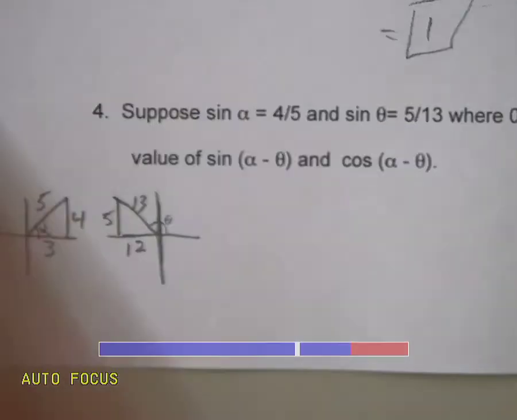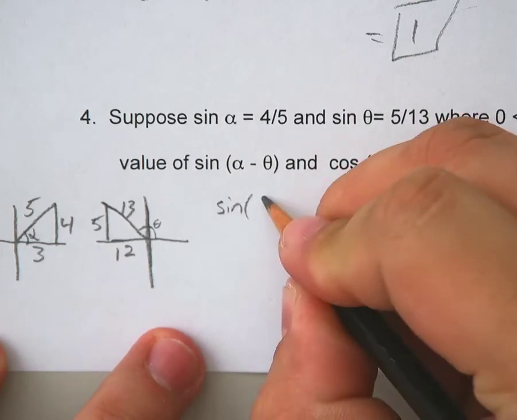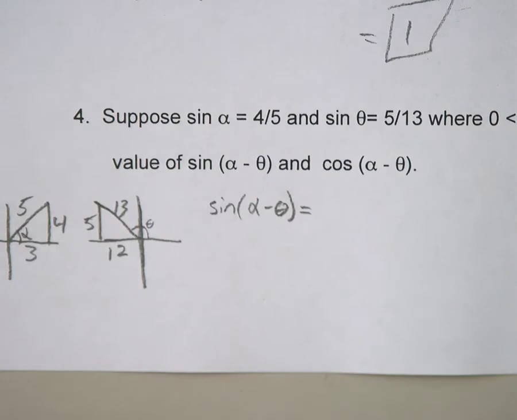Let me go up here. First, I'm going to find the sine of alpha minus theta. What you may want to do is just watch for this first part, and then you can press pause, go back, and write all this stuff down. You may just want to watch this first go around. So sine of alpha minus theta.